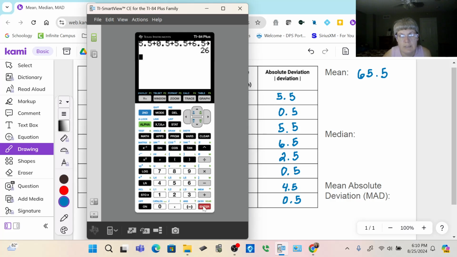And we have 26. Now I need to divide 26 by 8 because we have a total of 8 data values to start with. So we have 8 deviations. So 26 divided by 8. I think I have a mistake somewhere. That number seems a little bit higher. So I'm going to try this one more time, and if I get the same answer, then that is the correct answer.